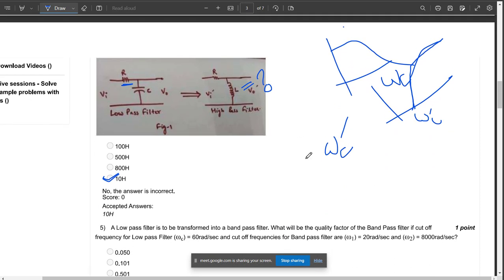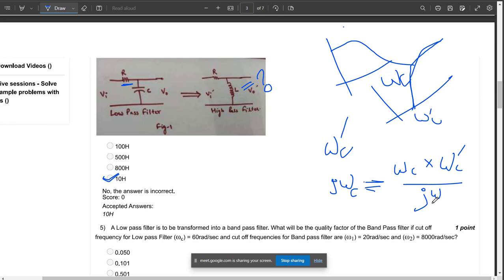Okay, so tell me the formula. What formula is being discussed? j omega is replaced with, j omega c of this lower cutoff, is replaced with omega c into omega c dash by j omega, j omega naught, the center frequency.